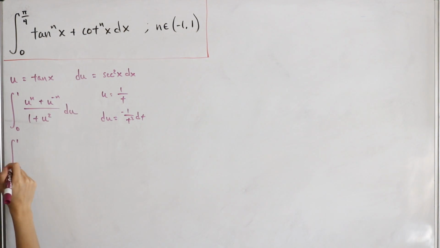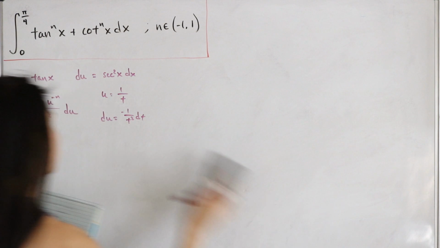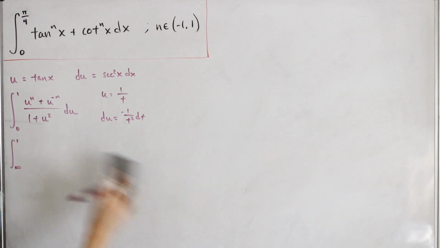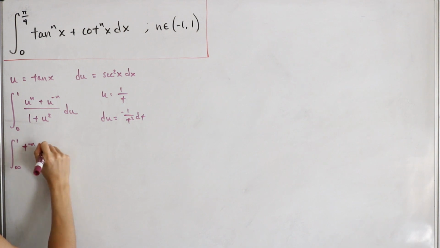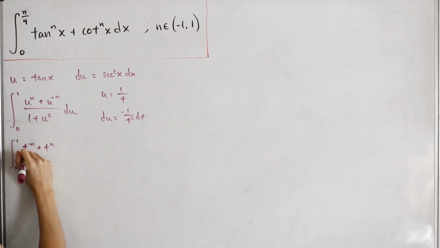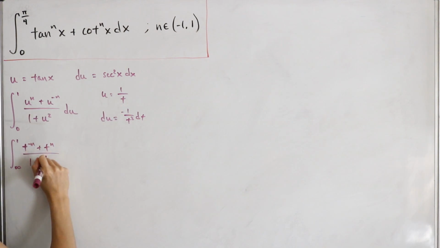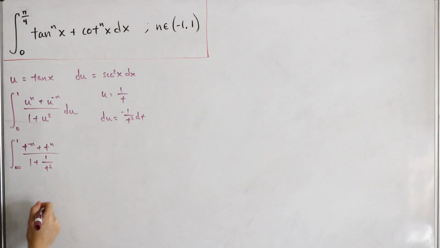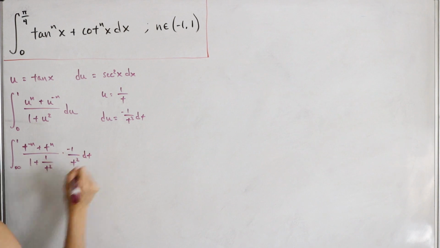And so we yield the same thing yet again, so on the numerator, t to the power -n, and then add this with t to the power n, divided by 1 plus u squared, which is going to be 1 divided by t squared. And then we substitute the du, so it's going to be times -1 divided by t squared dt.